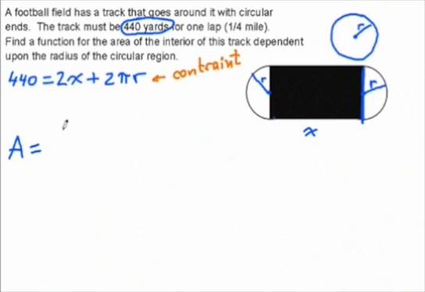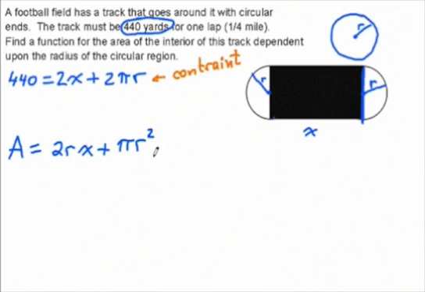So the first part is going to be the rectangle. The area is going to be 2 radiuses, a diameter, times x. In this case I went width times length. Plus, again, the area of these two end pieces becomes the area of this circle with a radius of r, and the area of a circle is pi r squared. So this would be our area equation.